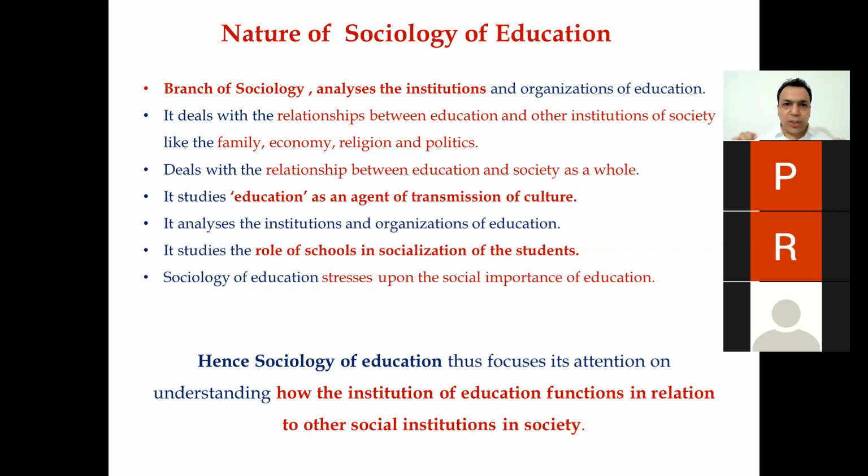Sociology of education deals with the relationship between education and other institutions of society, like family, economy, religion, and politics, right, guys? Next, it deals with the relationship between education and society as a whole. This also I have discussed.